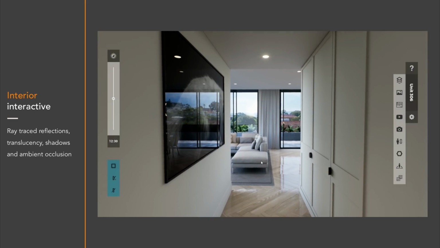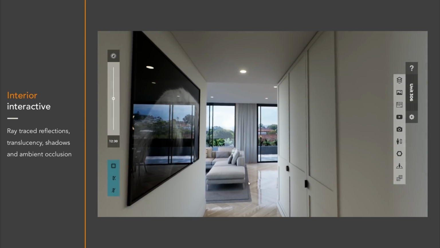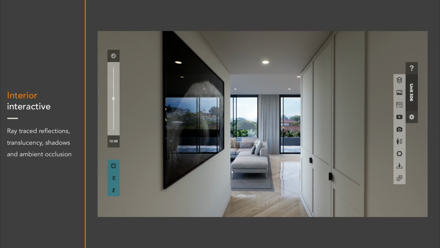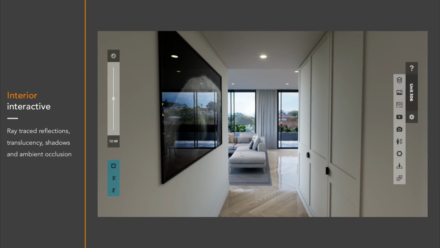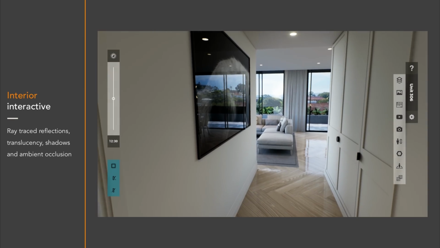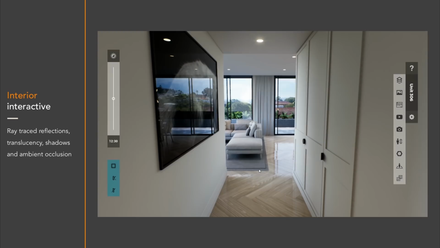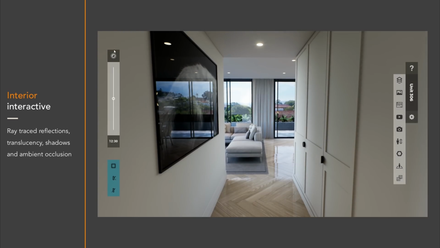This is the interactive, so we can see immediately ray tracing is enabled there, showing objects that are off screen. So we can see here the chairs actually being reflected, which are just around the corner. You'll notice as well that we've incorporated our sun changer, which is the geolocated blueprint that's built into Unreal Engine.